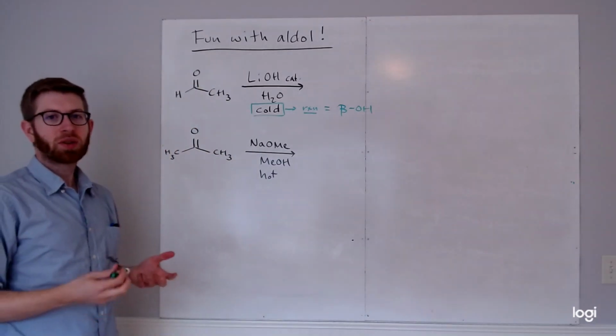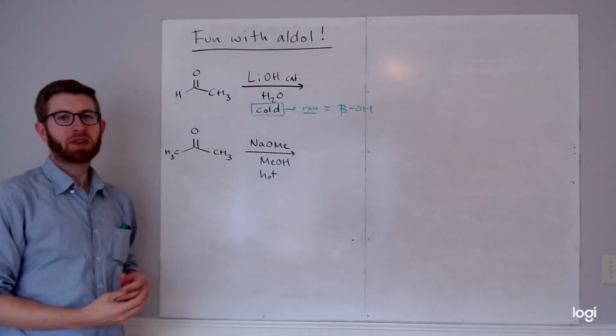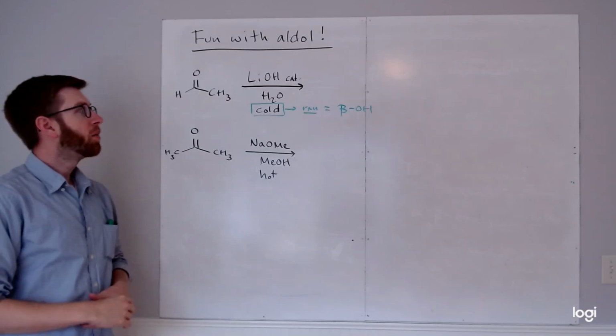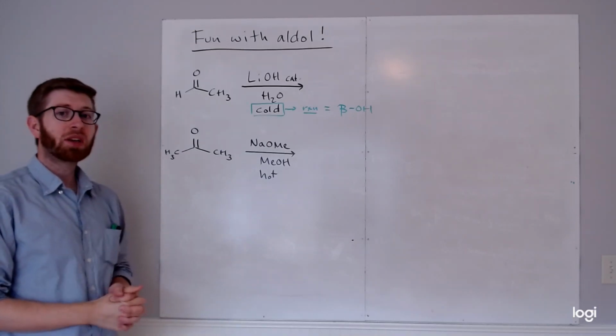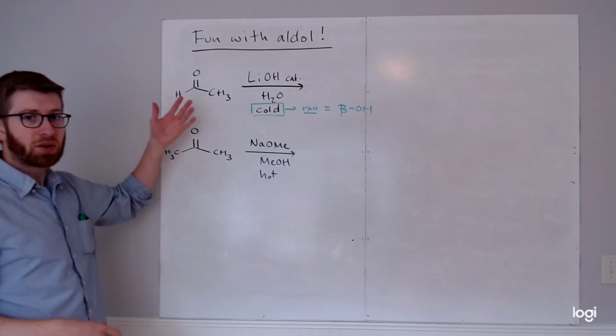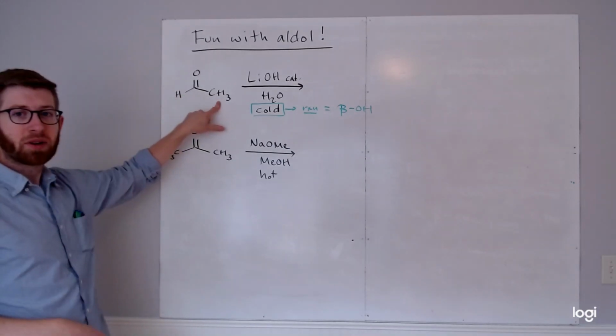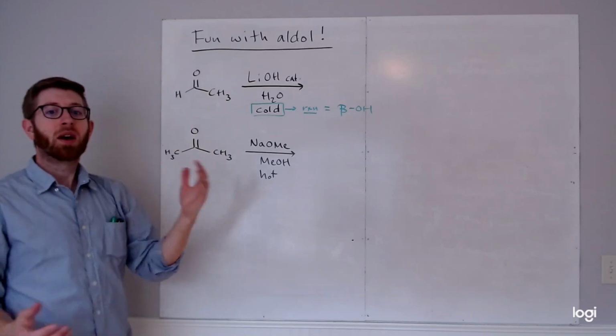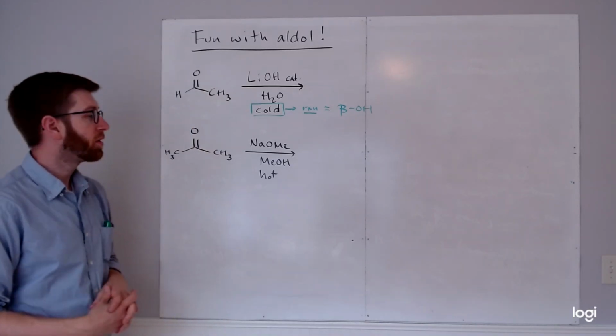Otherwise, I'm going to treat this the same way that I've treated all of the examples in this SLO, where I'm looking for a place to make a nucleophilic carbon adjacent to a carbonyl. And in our structure here, that turns out to be the case. I've got my alpha carbon, I've got some base, I'm going to do a reversible deprotonation.